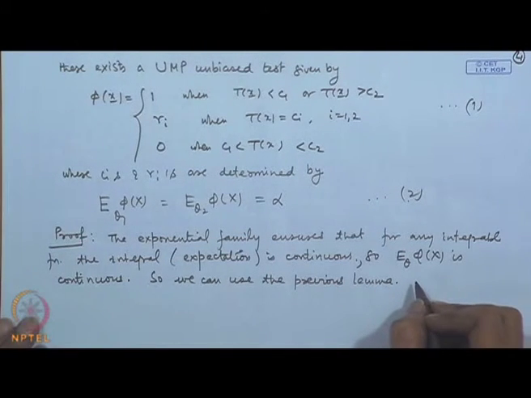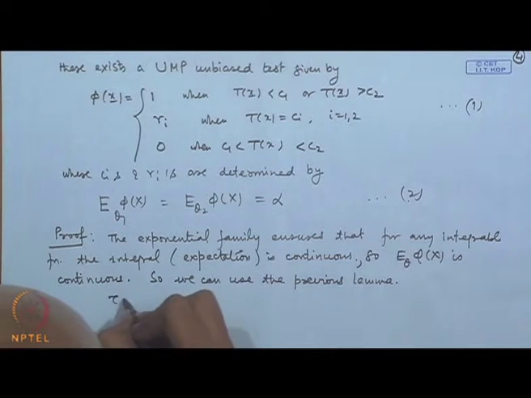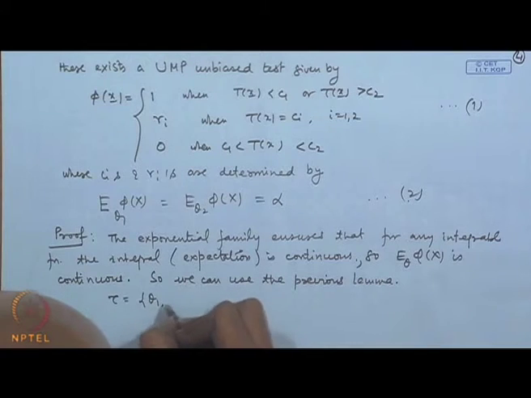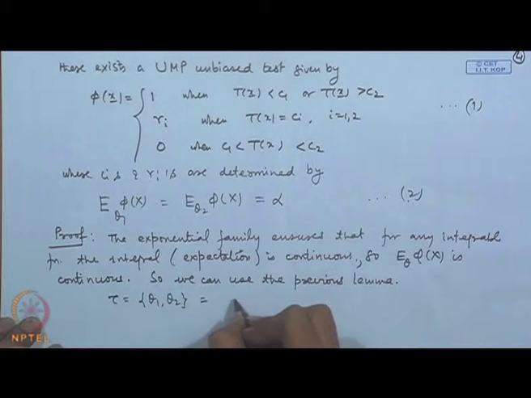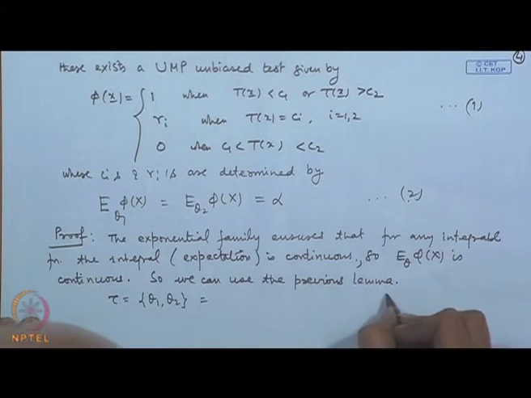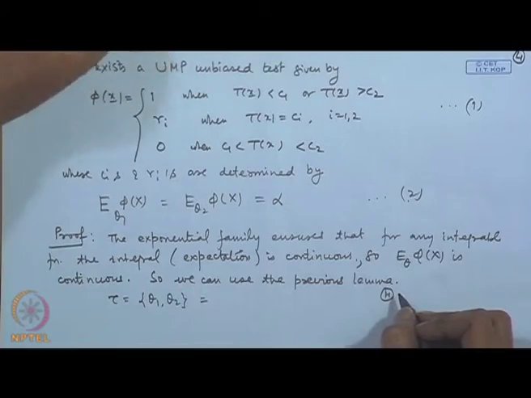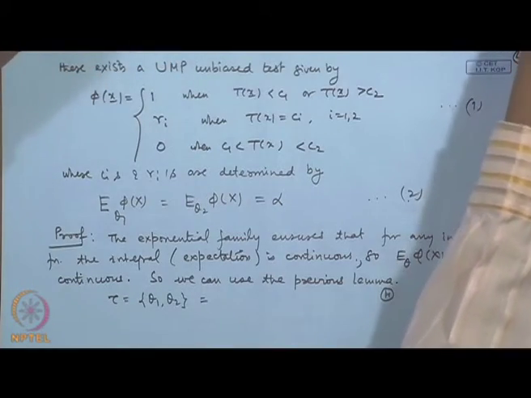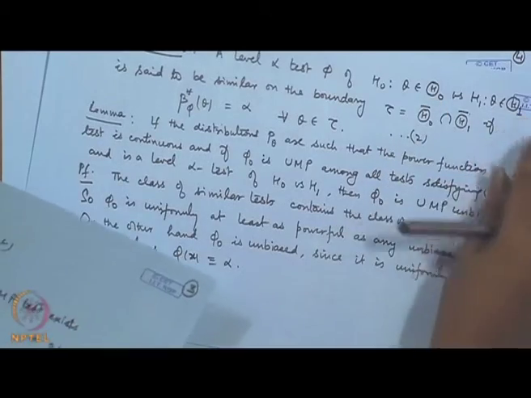So, according to the previous lemma, let us consider the boundary. What was the boundary? Actually, the notation that I have used here is theta naught and theta 1 for the null and alternative hypothesis sets.